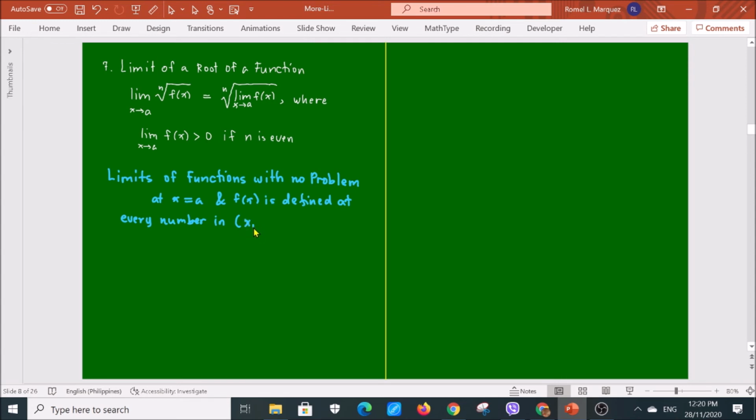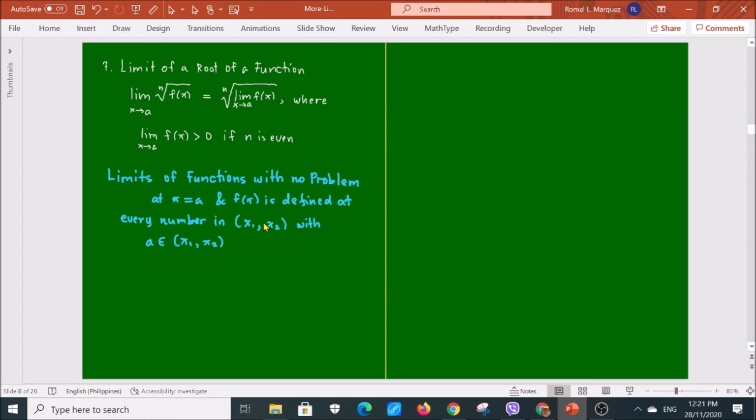Let's say x sub 1 and x sub 2, with a belonging to that interval. At every number in this open interval, of course we don't include the endpoints, the function value is also defined, including at x equals a.